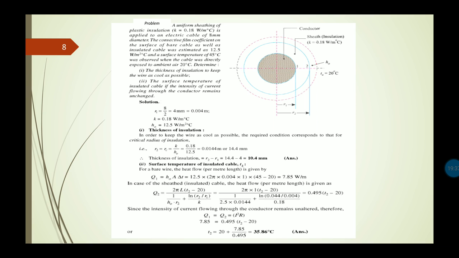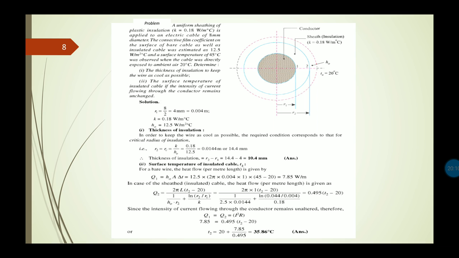Now in case of the insulated or sheathed cable, the heat flow can be calculated using the equation for Q2, the equation that we have seen earlier: 2 pi L multiplied with the temperature difference divided by 1 by H naught R2 plus ln R2 by R1 divided by K. So this R2 and R1, the inner and outer radius, the notation can be varied from R0 and Ri also.